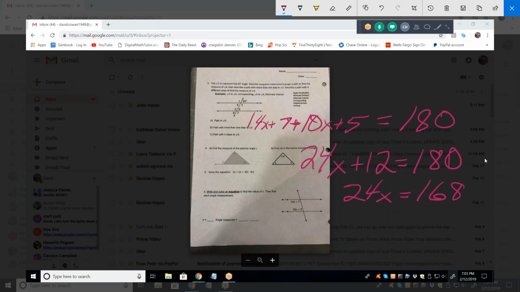Okay? So then you divide. 24 into 168 goes 5 times? No, it doesn't. It goes at least 7. 7 times.